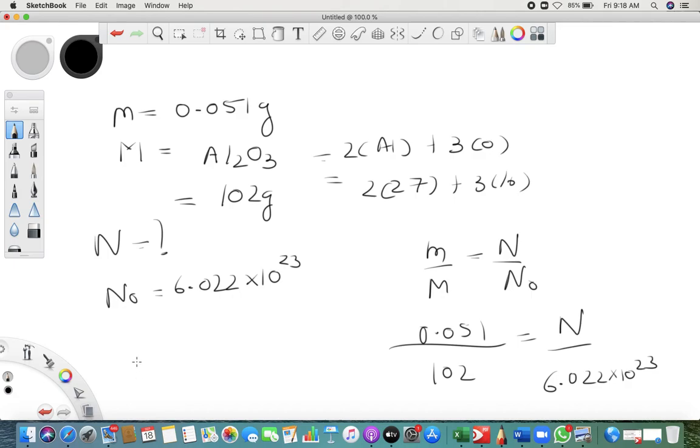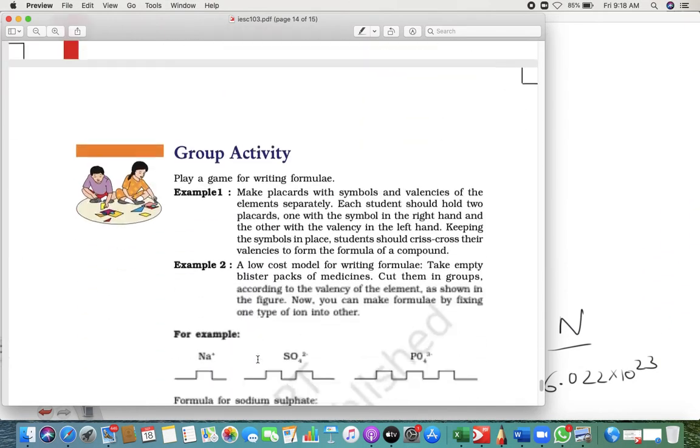That gives you capital N, when you calculate it, as 6.022 into 10 raised to 20 molecules. Okay, that's it. Understood the word problems they have given.